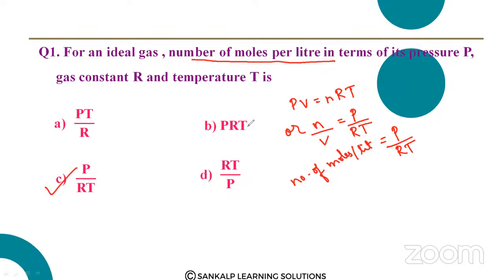When they ask you to find the number of moles per liter, you have to shift this V. N tells you about the number of moles, the amount of gas. So number of moles per liter equals P by RT. They have asked you in terms of pressure, gas constant R, and temperature T, so the correct answer is C.